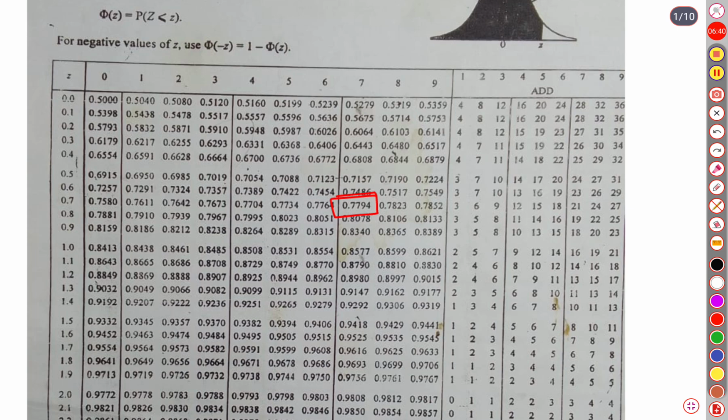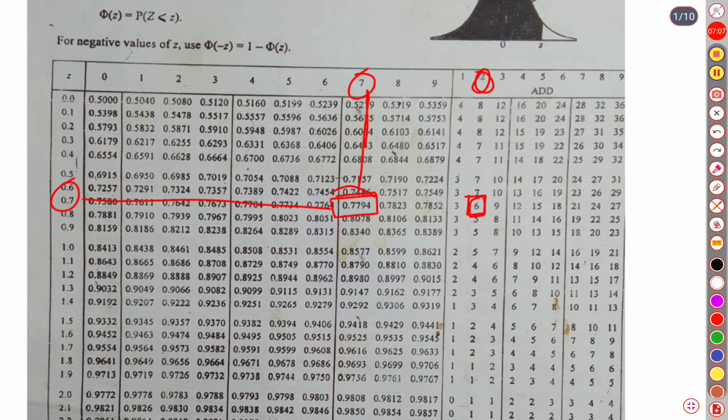If 6 is added to 0.7794, it is going to be 0.78. That means our corresponding z-score is: row 0.7, first column 7, and final column 2. So our corresponding z-score is going to be 0.772. So this is how we will find the z-score.